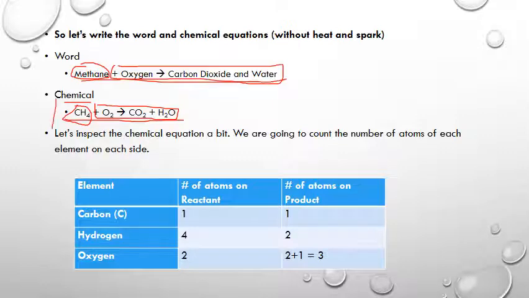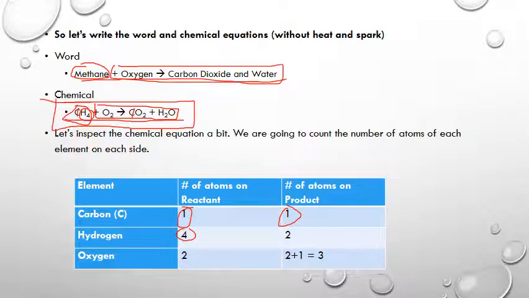Let's take a look at the chemical equation a little closer and count the number of atoms on each side. There's one carbon here and one carbon here. So there's one carbon in the beginning and one carbon when we're done. Good. Number of hydrogens, there's 4. This 4 means 4 hydrogens.